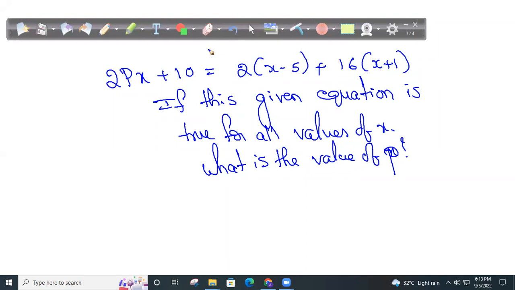If this given equation is true for all values of x, what is the value of p?